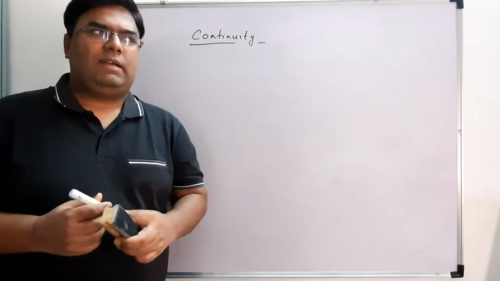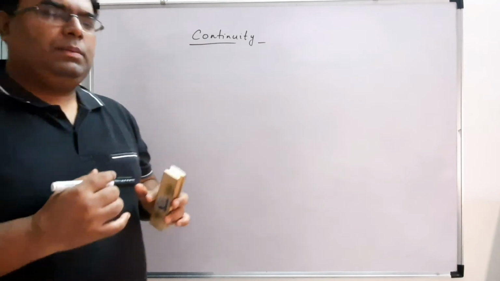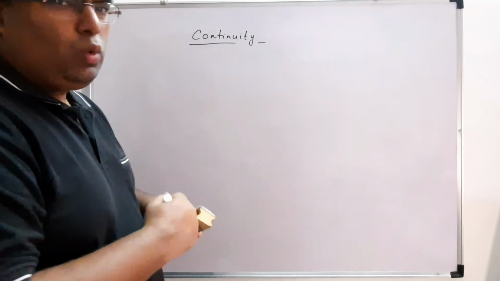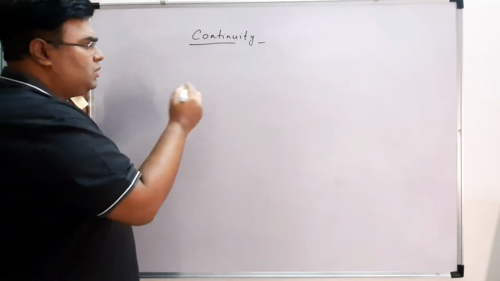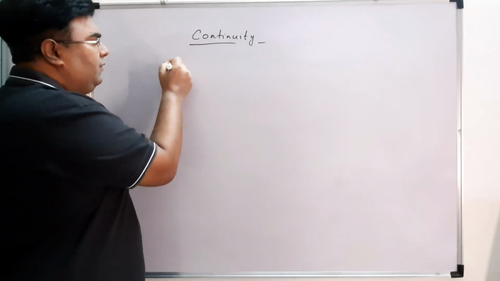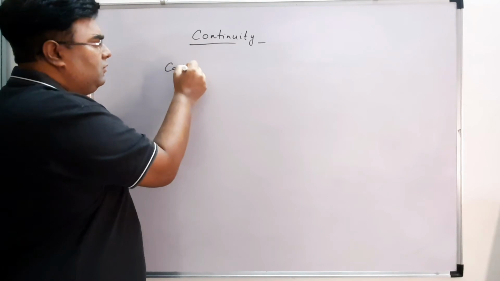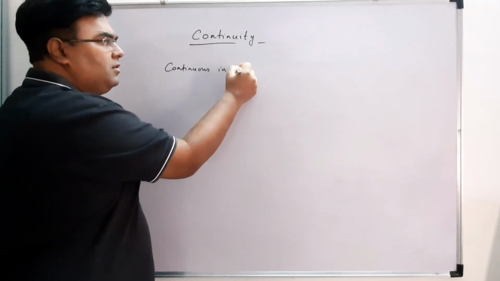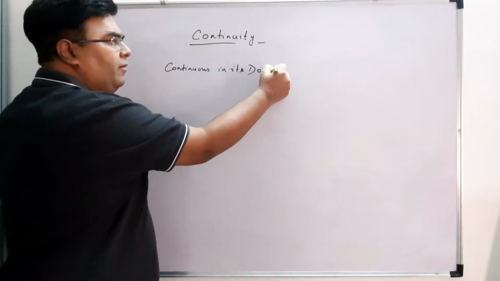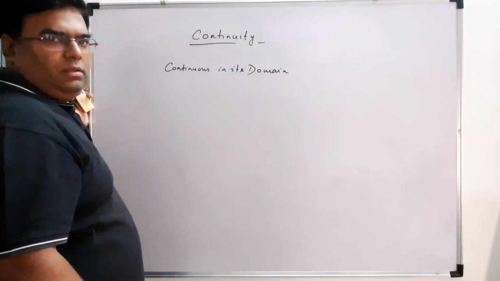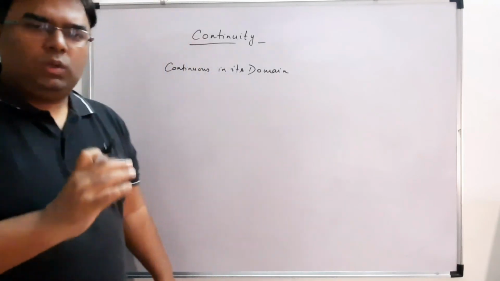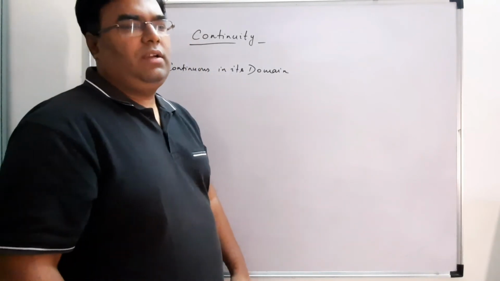Okay, let us understand one more thing, that if a function is continuous, then there are 2 cases basically. First one is that the function is continuous in its domain, whatever domain is defined for that function.